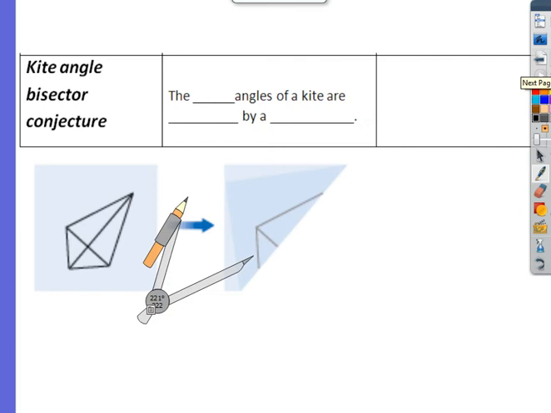Kite angle bisector conjecture. Okay? The blank angles of a kite are blank and blank. It is the vertex angles.